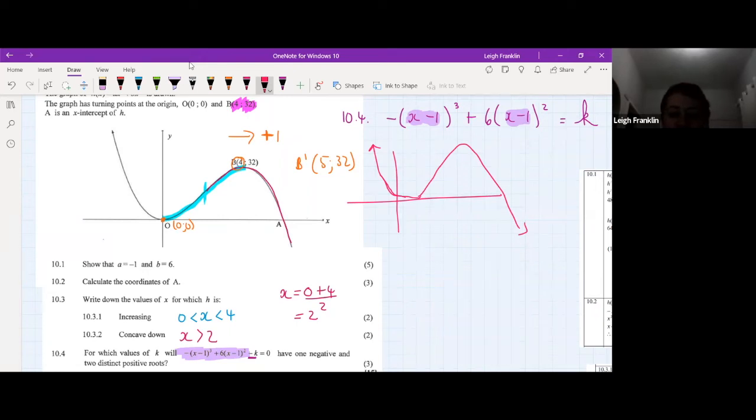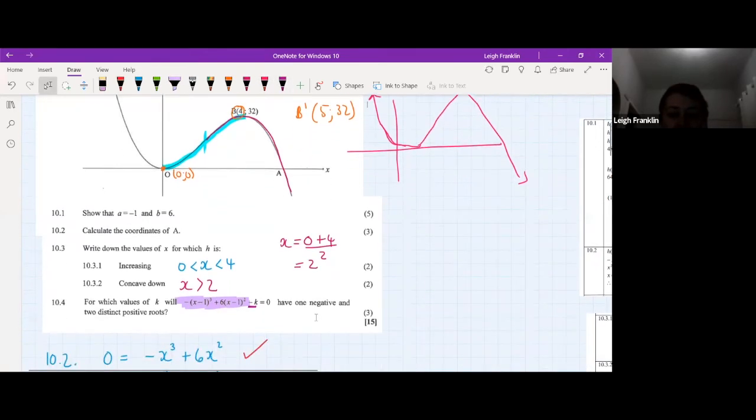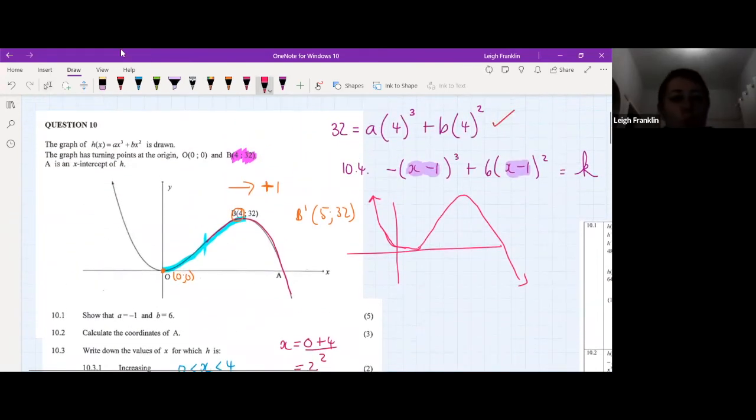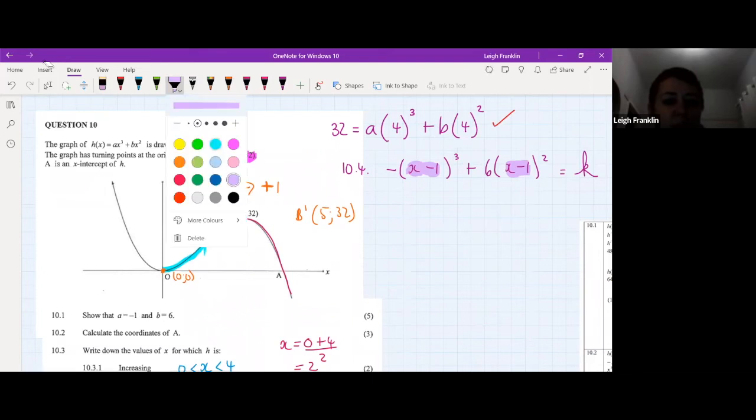Now, what they've said to us here is we want to have 1 negative root and 2 distinct positive roots. So when we compare this to k, what does k mean in this case? What does this k represent?